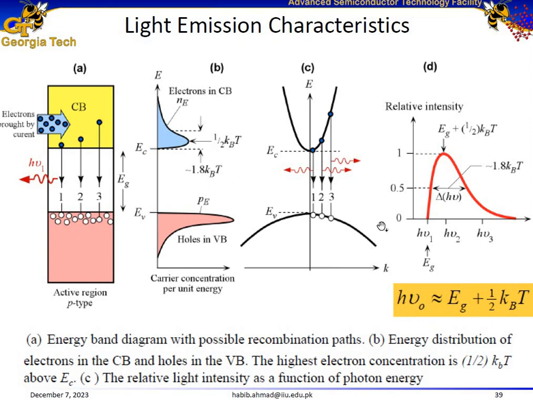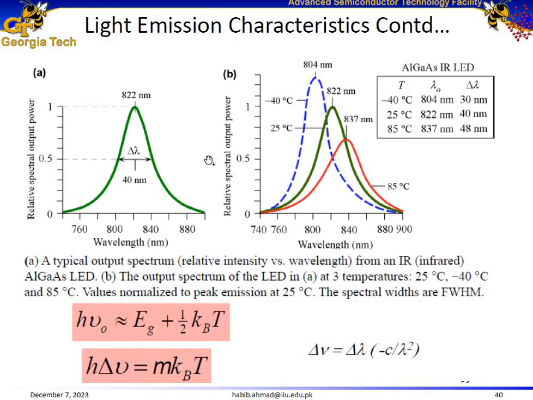Generally we say that the energy of the emitted photons corresponds to the band gap, but to be more precise, we have to consider this distribution of carriers, which is half kBT away from the conduction energy level.